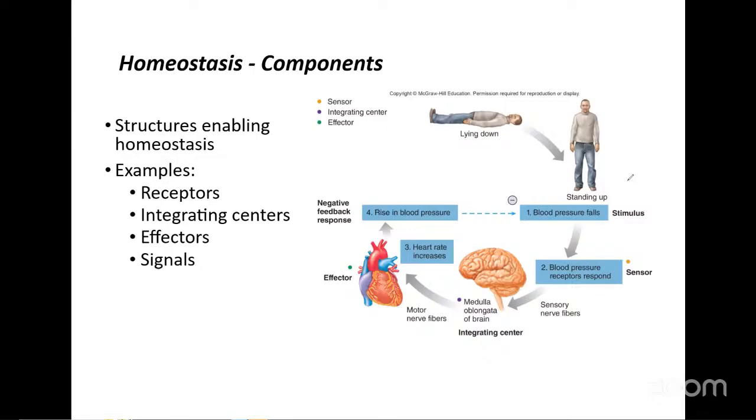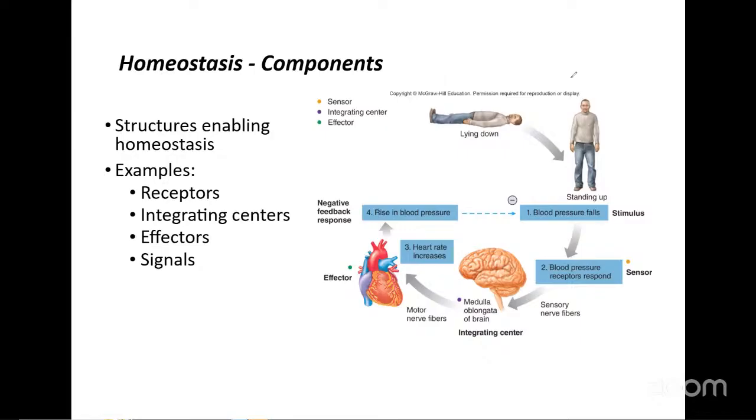You hopefully don't notice, although if you've ever seen your vision go gray or black, or seen stars when you stand up, you were noticing this. But usually you don't, because this is a regulated variable and your body quickly adjusts your blood pressure so that the internal environment stays the same and you don't have blood in your feet but not your brain.